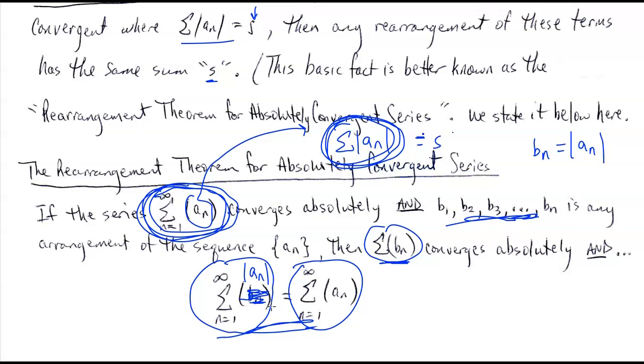Now, the important thing is that this theorem or these conditions only work for an absolutely convergent series. If you're dealing with a conditionally convergent series, we just can't rearrange things like that and make it work. Remember, with conditionally convergent series, there is a condition of the series that actually makes it convergent.